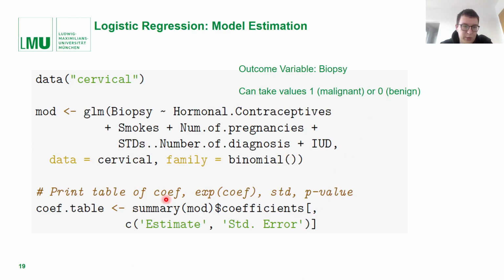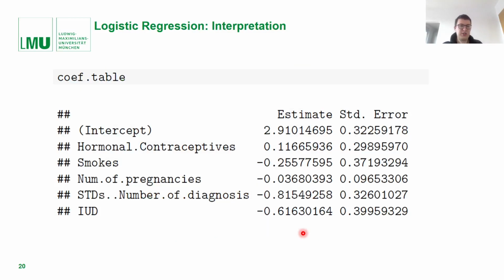And if we run this regression model, we can again print our coefficient table with the summary function. We just apply the summary function on our model. And if we use the $ coefficients option and specify estimate and standard error, we get our coefficient table with just the estimate of the coefficient and the standard error of the coefficient.